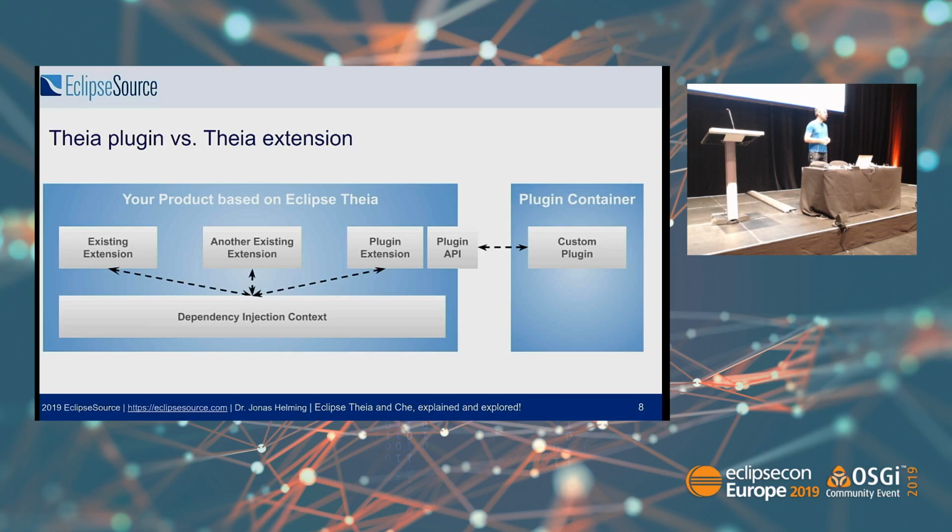That means you can write a plugin which runs in Theia, but also in VS Code, and you can reuse VS Code plugins in Theia too. And that actually works today, with some limitations I will mention in a second. But that opens up the huge ecosystem of VS Code plugins to be used in Theia too.